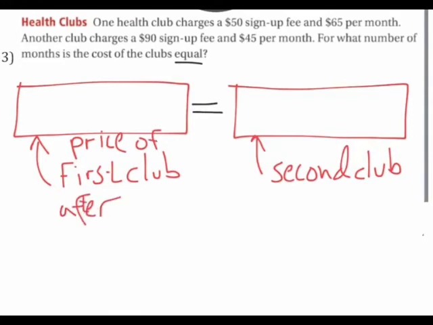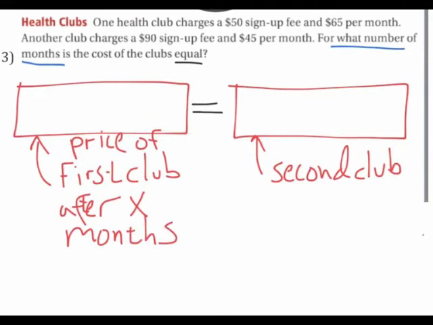And of course, our unknown is how many months it will take for this equation to be true. So let's just let the number of months be represented by x. So the price of the first club after x months, where x represents a number.